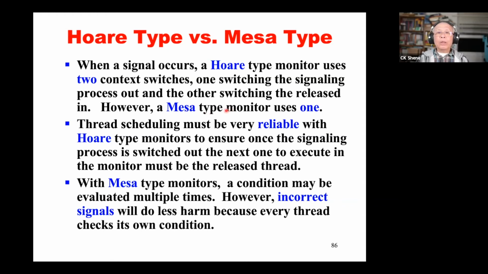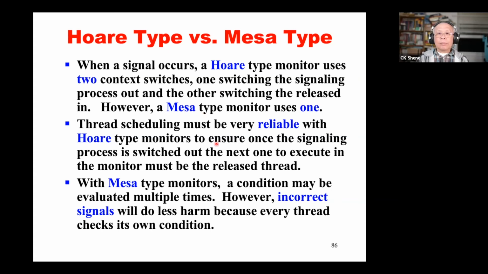So we don't need a context switch in order to switch the signaling thread out. We only need one context switch to switch the released one from inactive back to running. And this is why Hoare type is more time consuming in terms of the number of context switches.